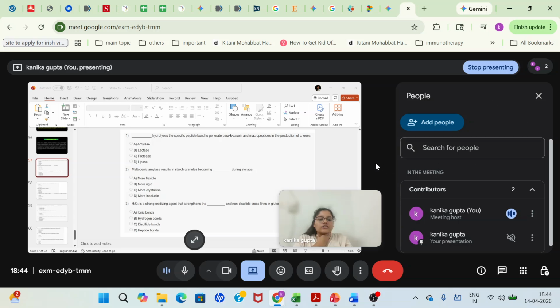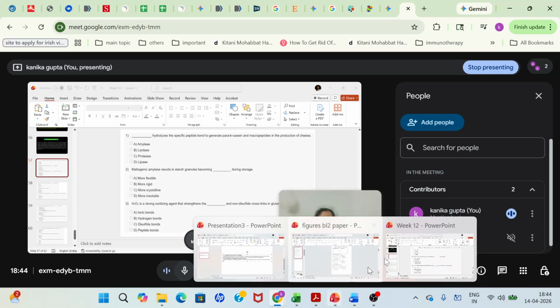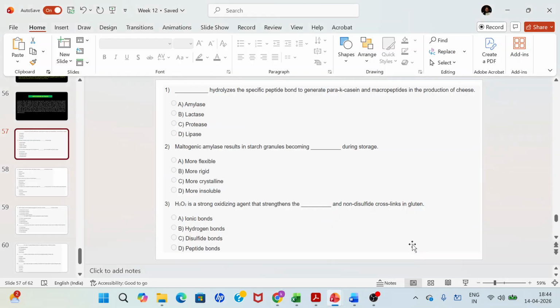That's okay. So we'll discuss the questions here one by one. Question number one: dash hydrolyzes the specific peptide bond to generate para-kappa casein and macropeptides in the production of cheese.